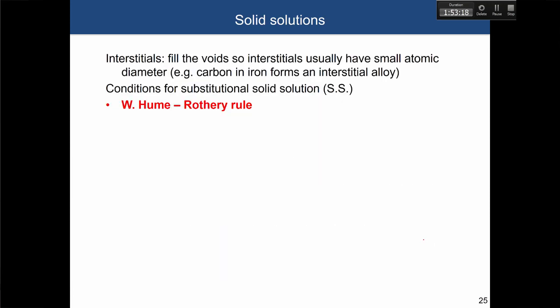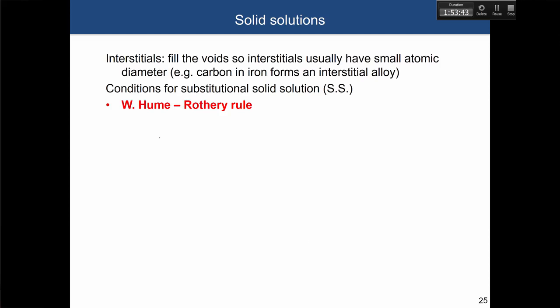And there is a simple way to predict whether one particular material will form these types of extrinsic point defects in a given material. This is described by the so-called Hume-Rothery rule. It's a very simple rule that states that in order to predict whether the material will form point defects, there are 4 different criteria that it has to satisfy.